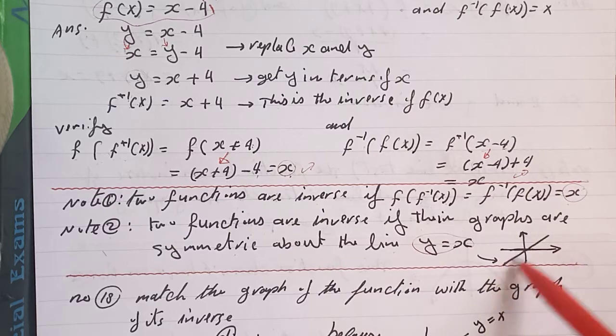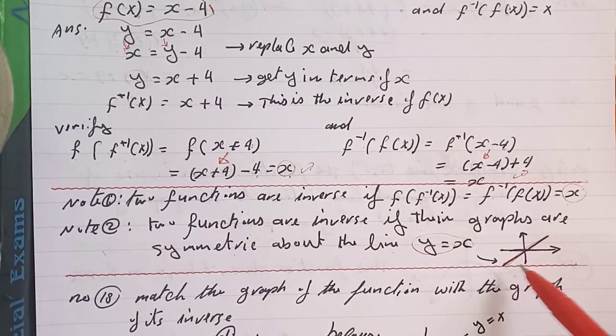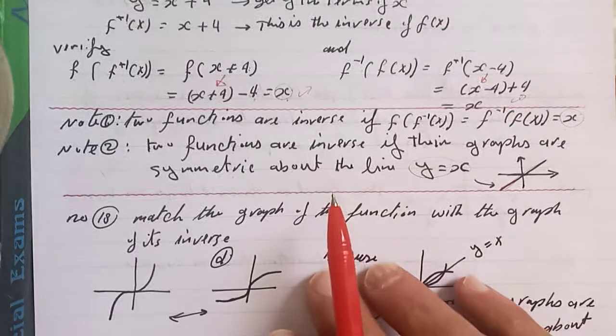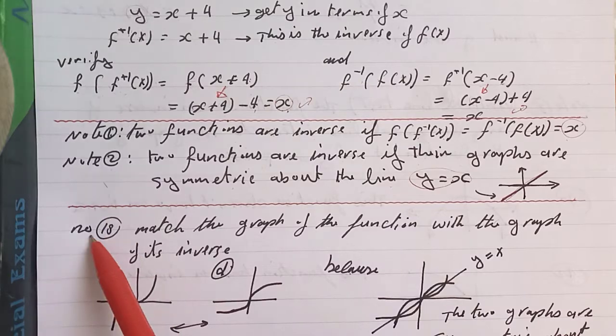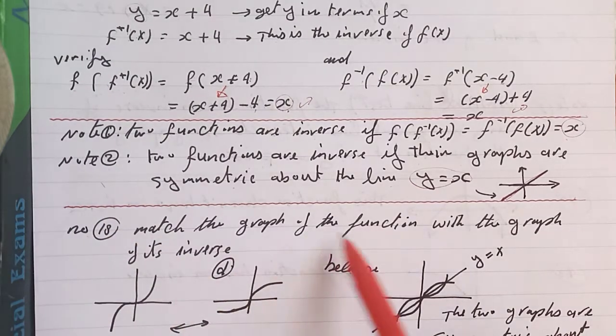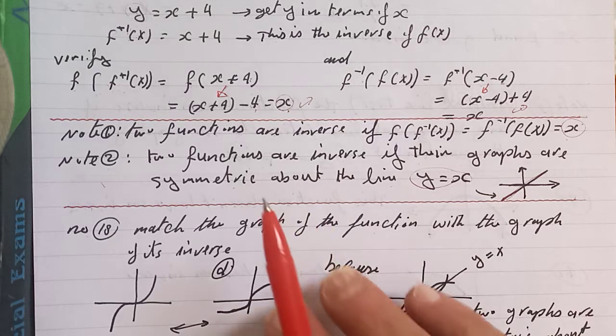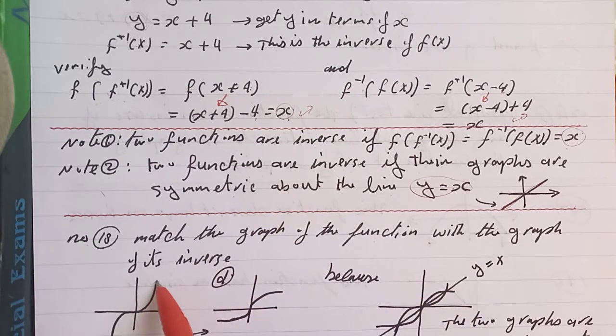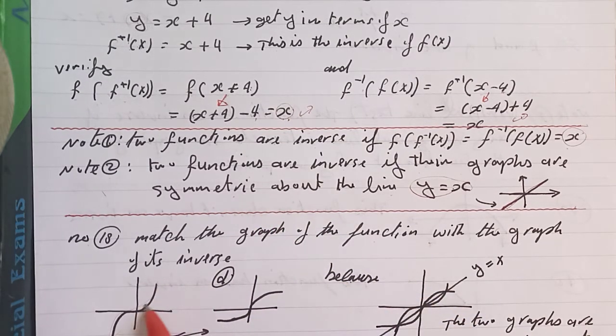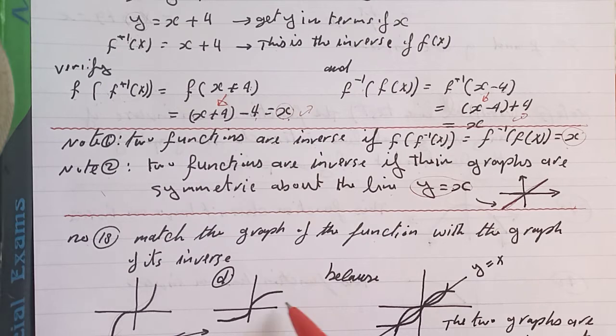This is the line y equals x. And let's see this in number 18. In number 18, match the graph of the function with the graph of its inverse. This is the function. Where is its inverse? It will be this one, number D.